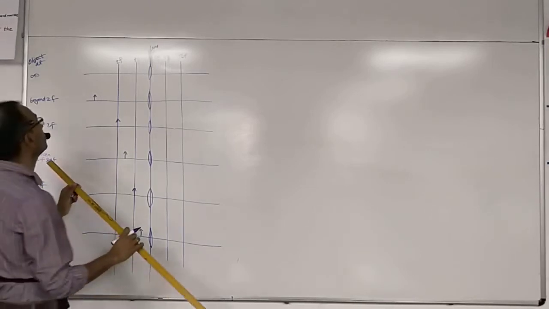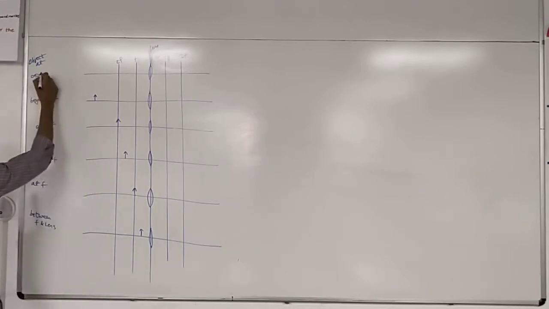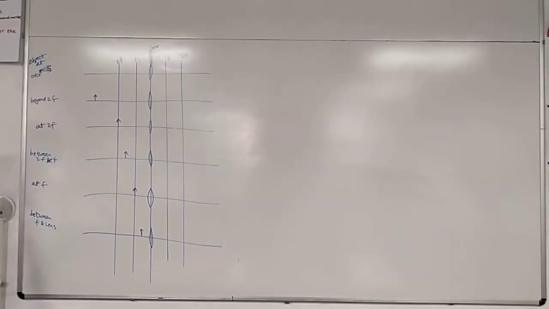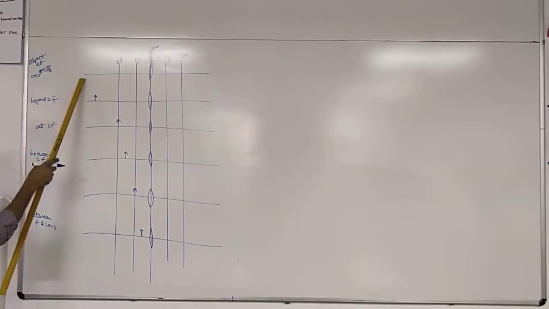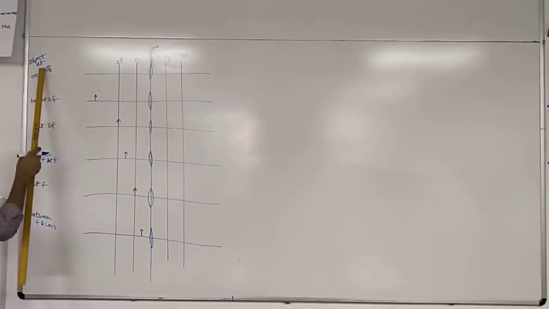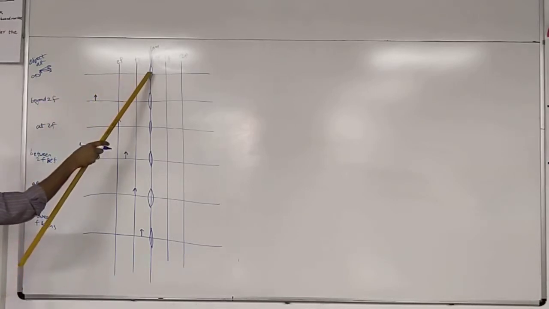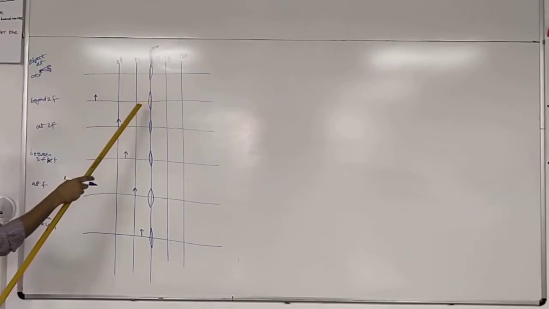So let us do the first case. If the object is at infinity, the rays come out parallel. If the rays are all starting from a point above the principal axis, all the rays will be parallel to the ray which is going to meet the lens from that point.